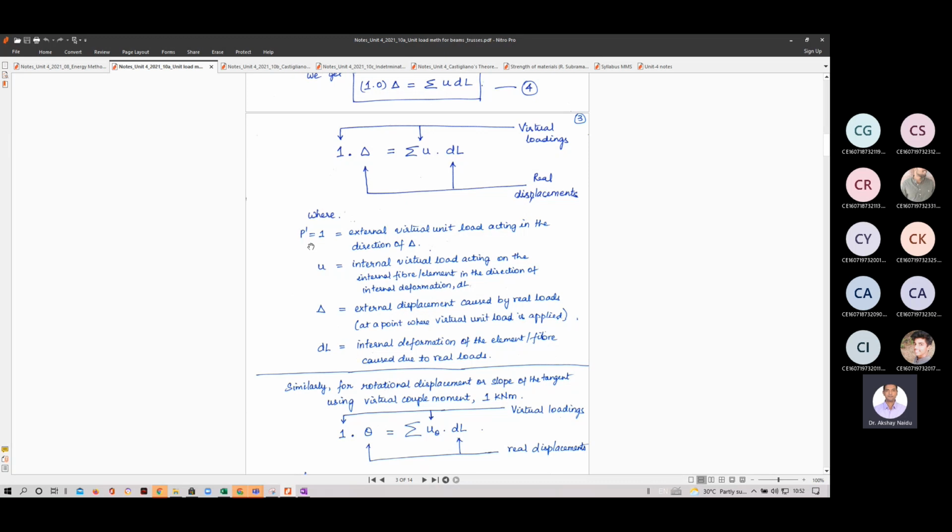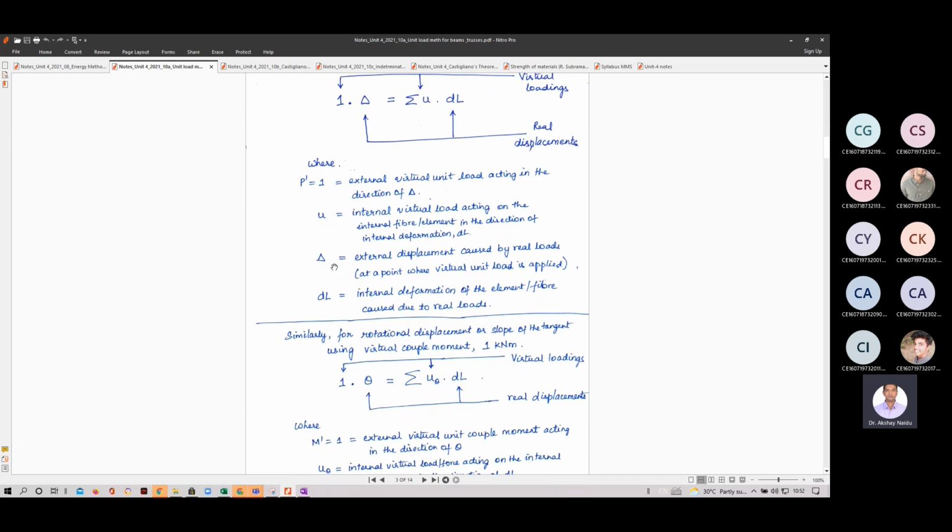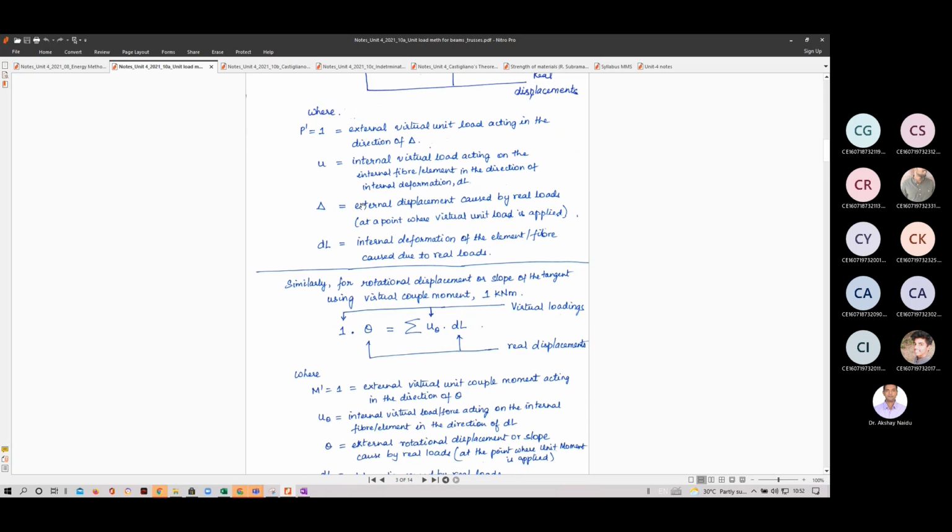So, virtual unit load in the direction of delta. u is the internal virtual load acting on the internal fibers in the direction of the internal deformation due to unit load. Delta is the external displacement caused by real loads and dl is the internal deformation caused by real loads.